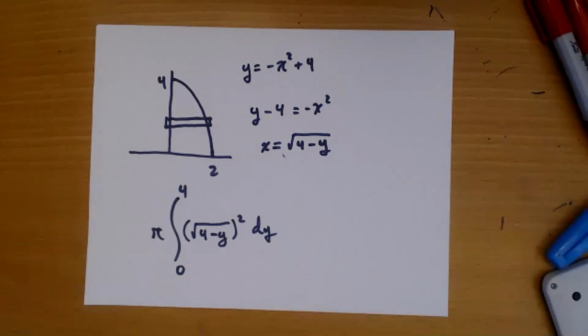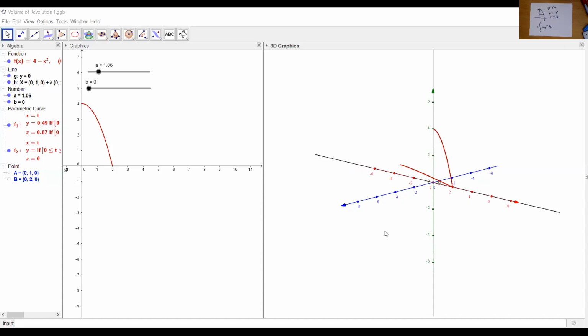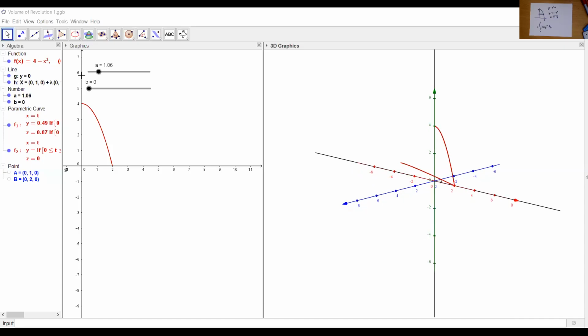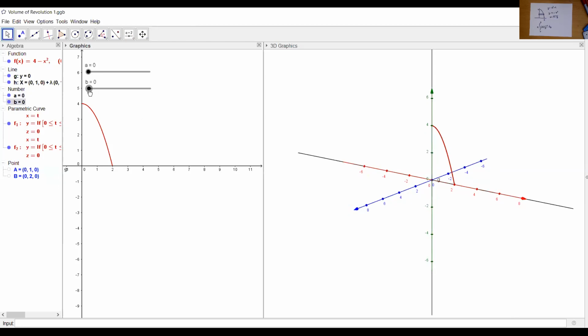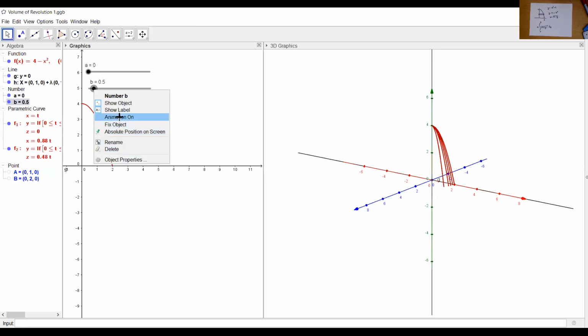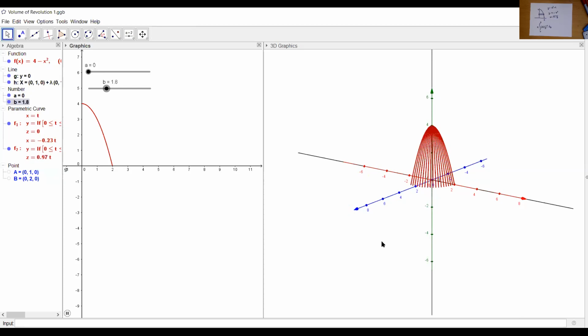So I'm just going to put this guy back. Now when I revolve around the y-axis, it takes on a different looking shape.